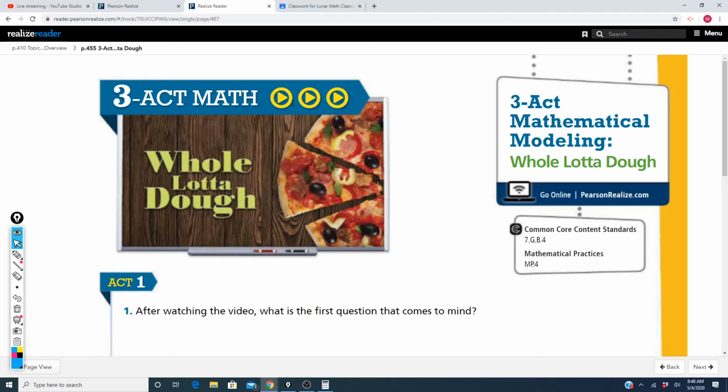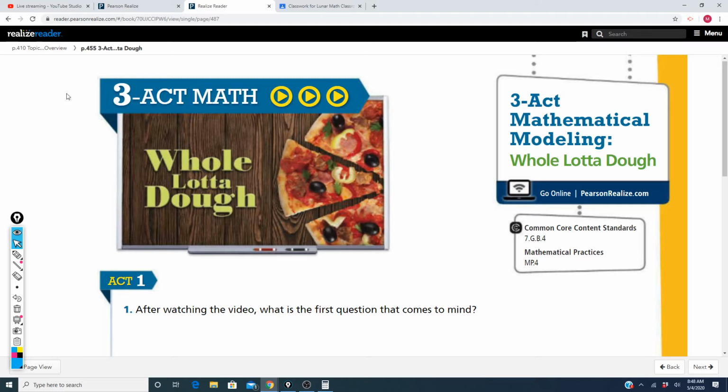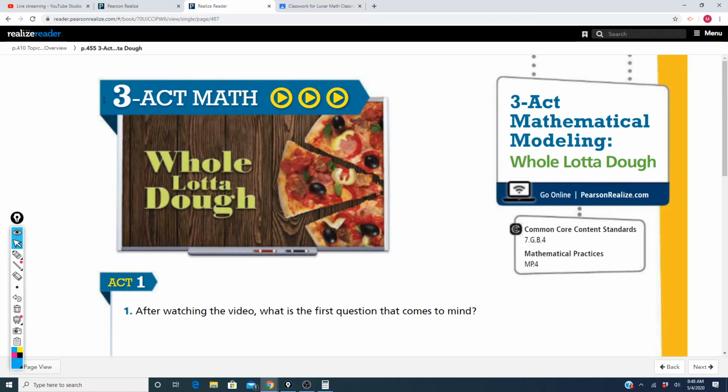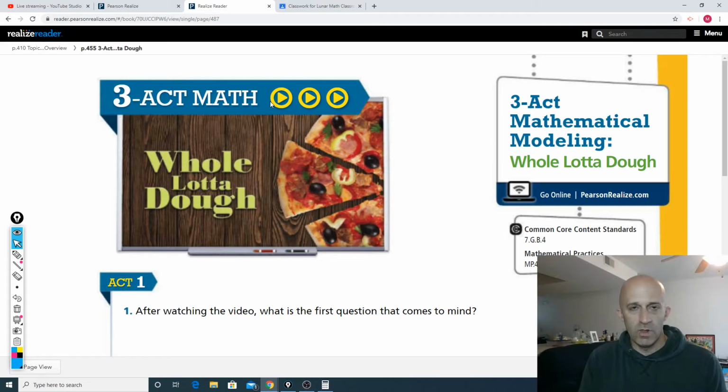If we were together in class, I'd run through this with everybody, because showing the whole process of mathematical modeling will help you understand how to properly attack certain questions. For those of you I've worked with one-on-one, I'd say, let's look at the question. What doesn't make sense?